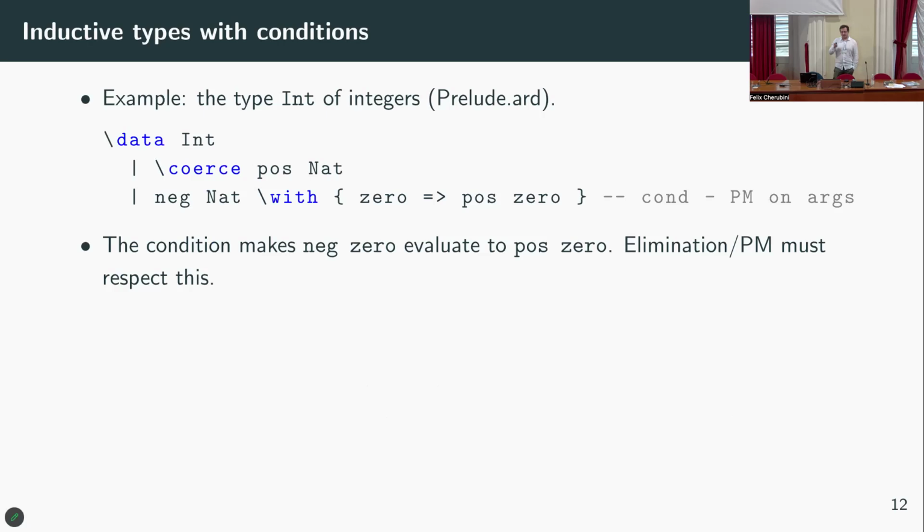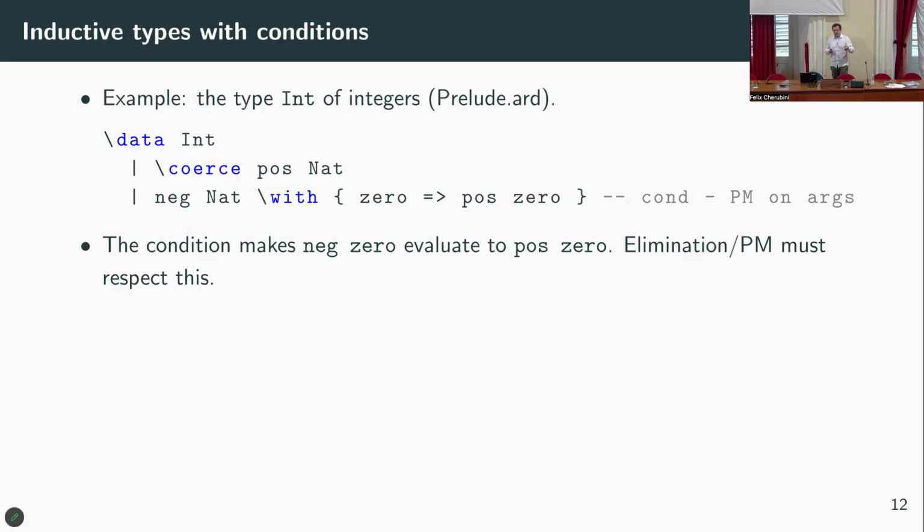And okay, so let me now say something about inductive types with conditions. Well, I will define them by giving a couple of examples. So if you take the type of integers, naturally we usually define it using two constructors, positive and negative, and we want them to merge for 0. And this is something you can specify in this language using conditions.